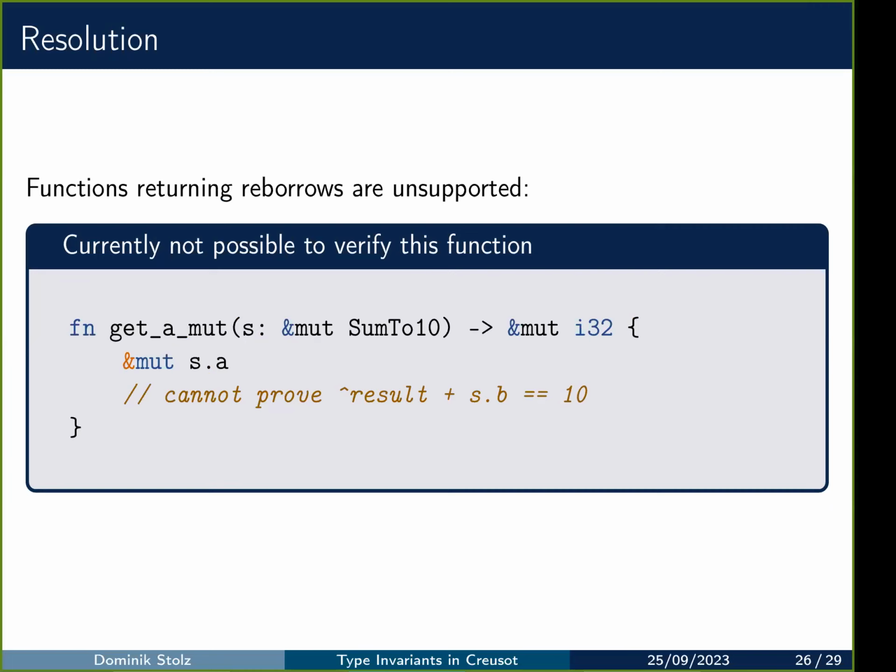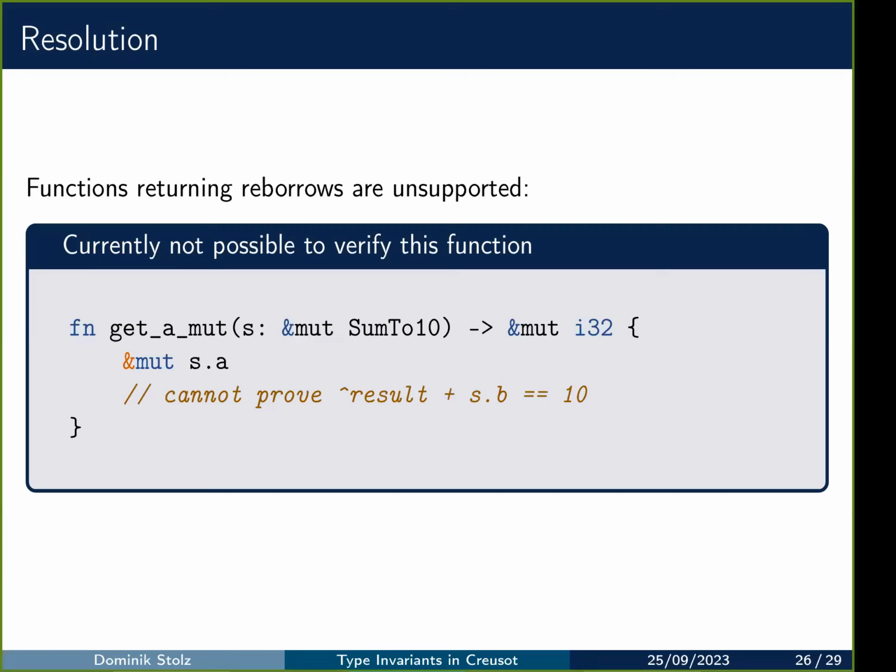But since we return the reborrowed field A, borrowing the field S dot A means that the final value of our result and S dot A are equal. So we would have to prove that the final value of result plus S dot B is 10. But since we don't know the final value of result, we cannot prove this.